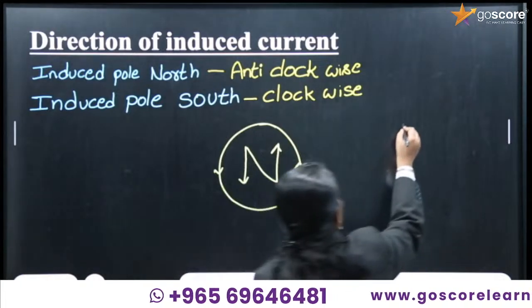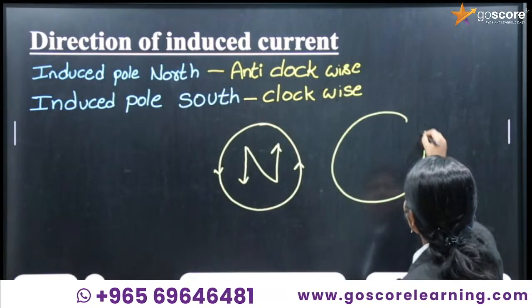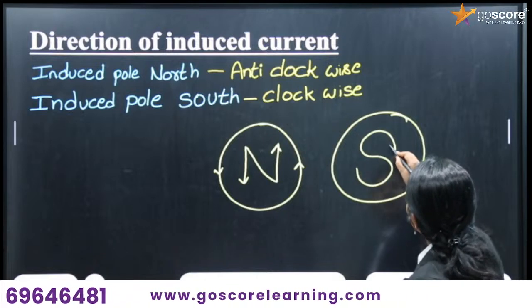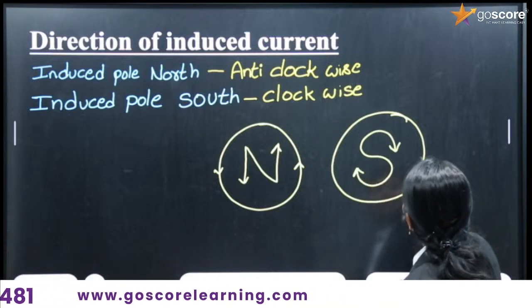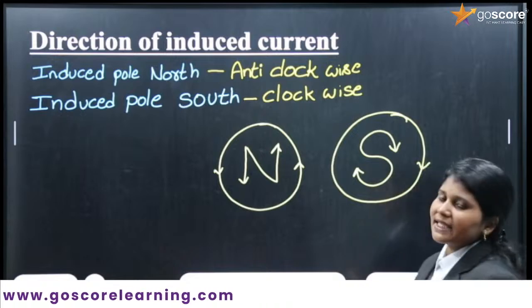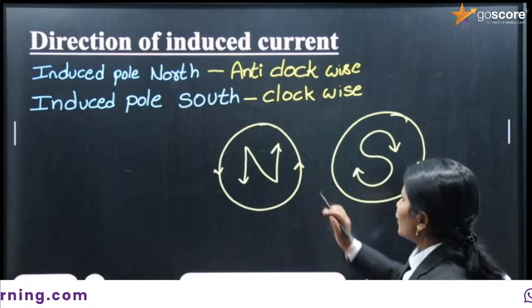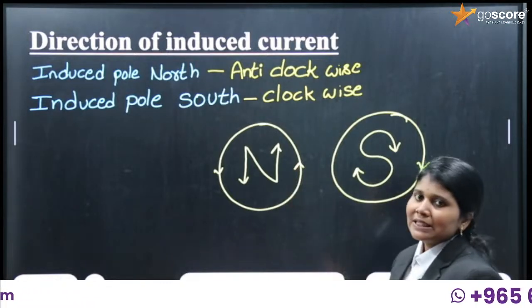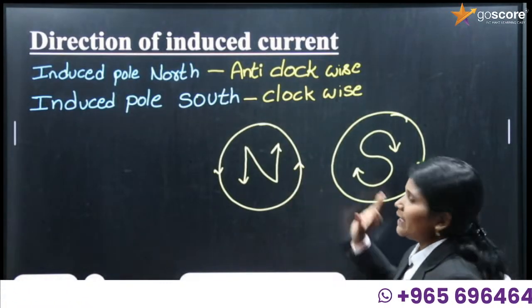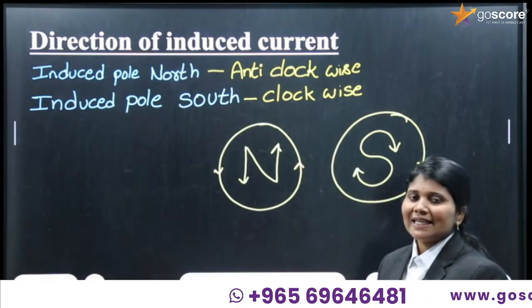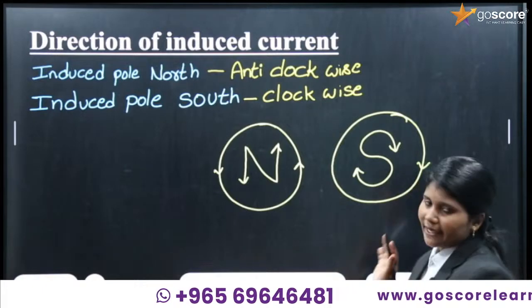Then I am considering the induced pole is south pole, then the direction of current is clockwise. So if the induced pole is north pole, the current direction is anti-clockwise; if the induced pole is south pole, the current direction is clockwise.